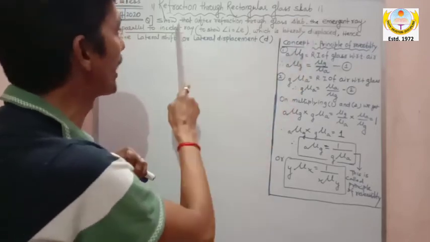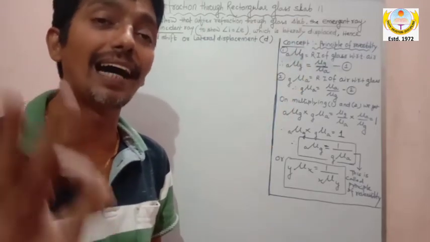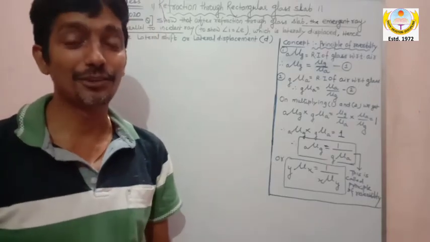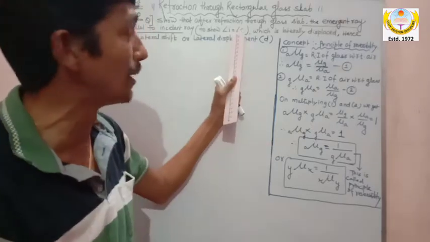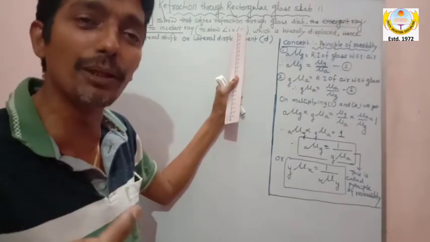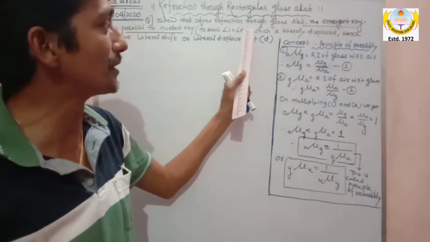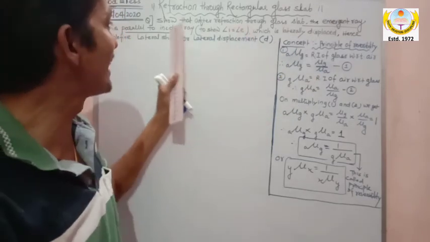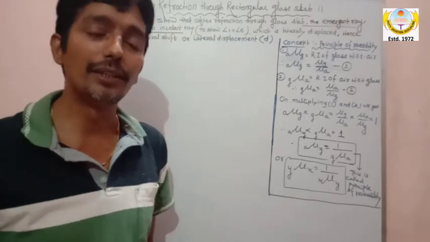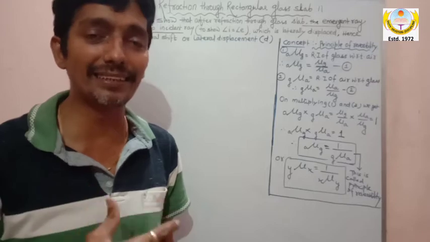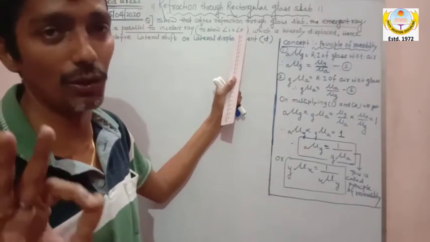Sir, if these two rays are parallel, then geometrically angle i and angle e are equal. So in short, you have to prove angle i and angle e are equal. As soon as you prove angle i equals angle e, you can say the emergent ray and the incident ray, giving equal angles, are parallel. So you have to prove this. I hope it is clear.